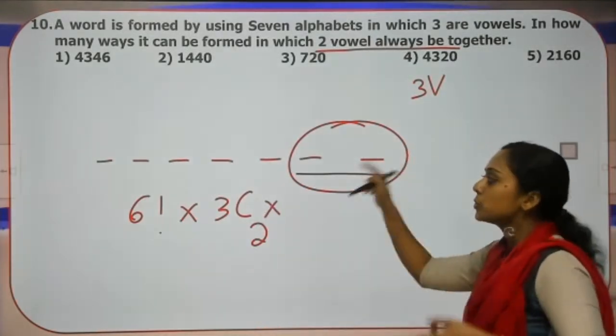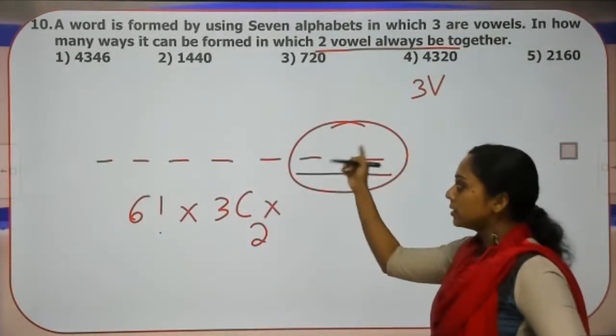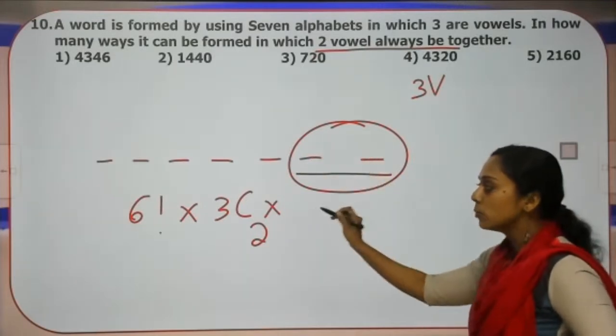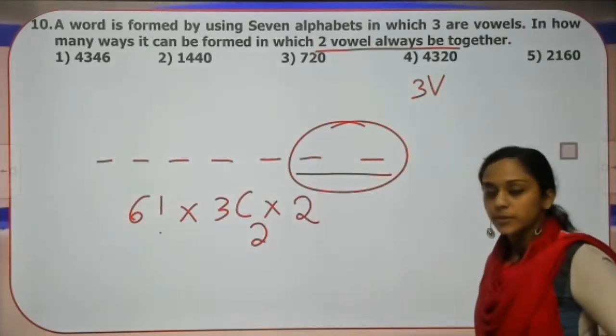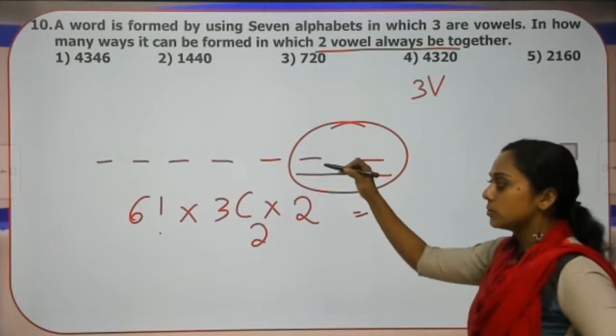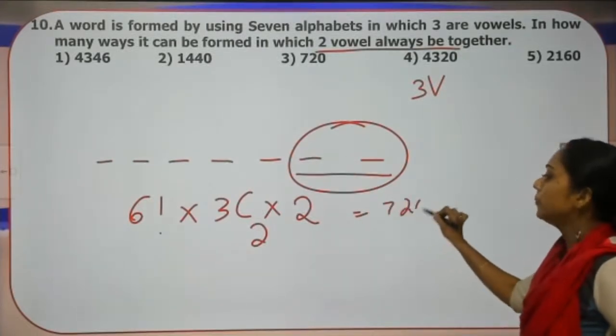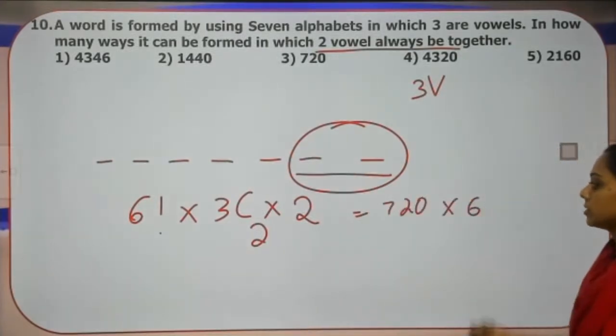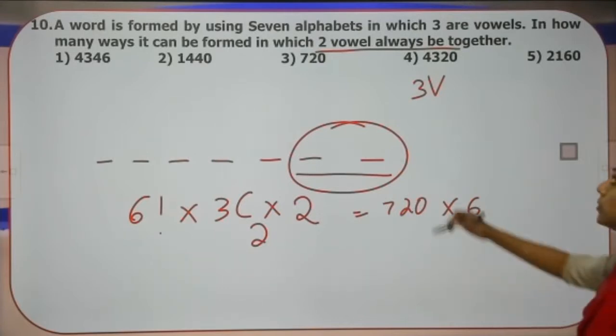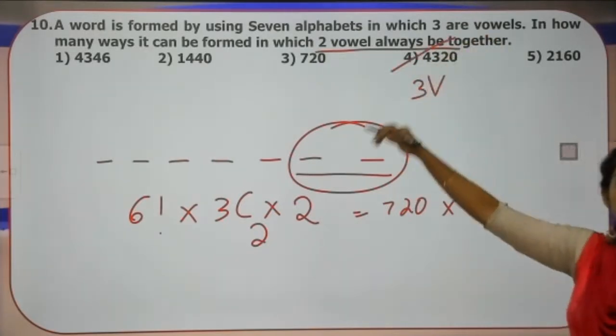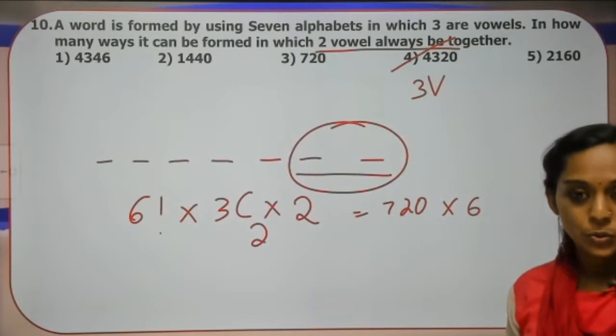Next, after choosing these 2 vowels, you can arrange them in 2 factorial ways, so that is 2. So this is 720 into 3 into 2, that is 6. So our answer will be option 4, 4320.